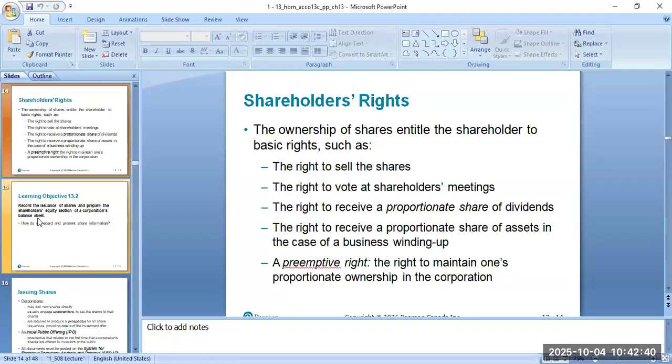Also, I have a right to receive a proportionate share of the dividends. What would be my proportion? Proportion to the number of shares that I own of the corporation. Also, I may have the right to receive a proportional share of assets when the business is closing.